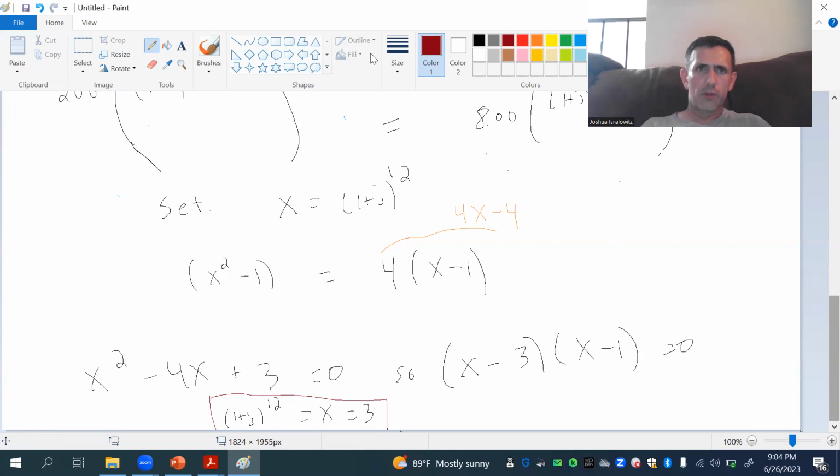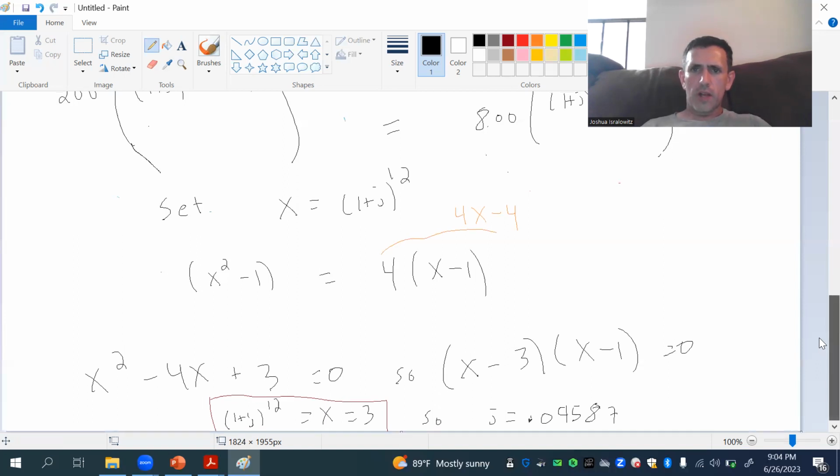So just solve for j, and we get 0.09587. Remember, this is a 3-month interest rate, so like I said, it's very high, but it's whatever.